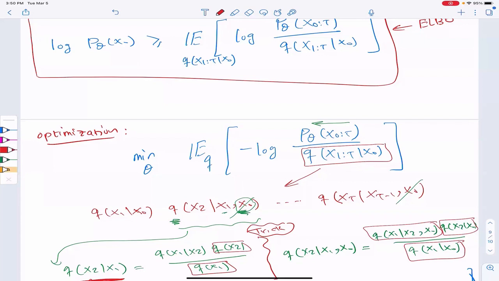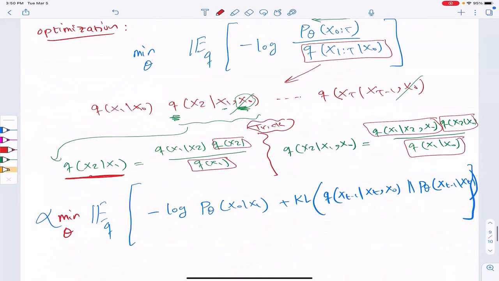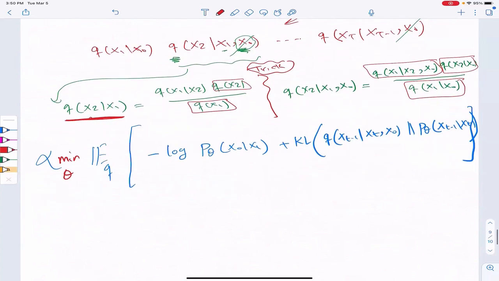So we wrote the Bayes rule on the Q distribution. Now we have basically two matching distributions, right? You have xt, and you are predicting xt minus 1 via your network, P sub theta. And here again, you have xt, and you are predicting xt minus 1 via your distribution Q.